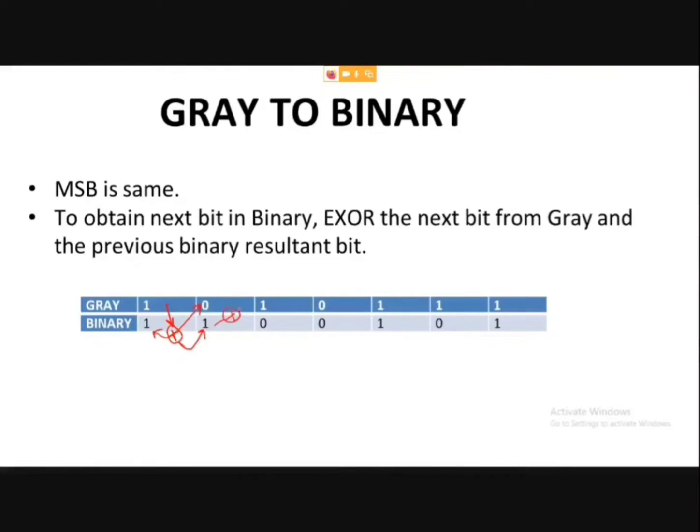Similarly, if I XOR this 1 and this 1, 1 and 1 is 0. Similarly, if I XOR 0 and 0, I get a 0. If I XOR this 0 and 1, I get 1. And similarly, I can continue further. In this way, I can obtain the binary number from the gray number.